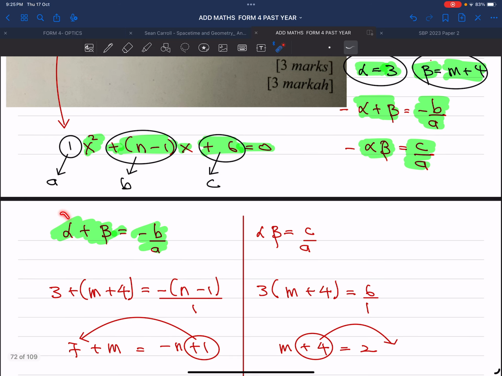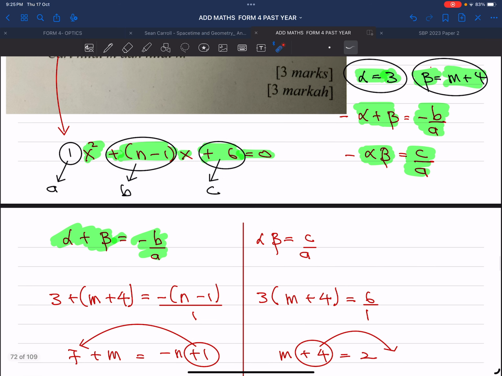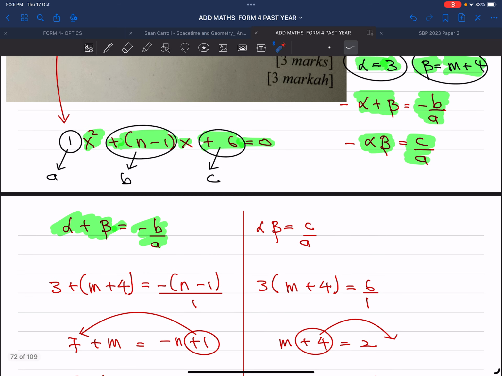I replace the alpha with 3, which is already given, and the beta with m plus 4 on the left hand side. So we have 3 plus m plus 4.